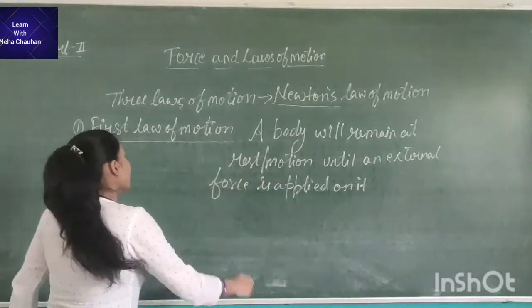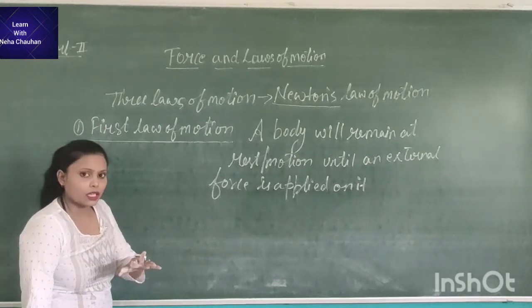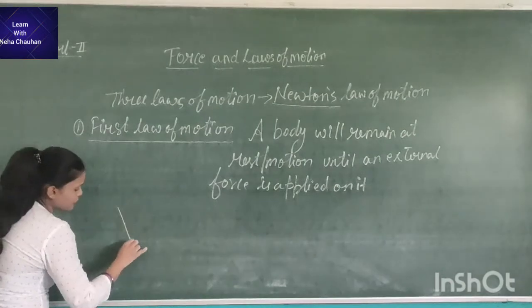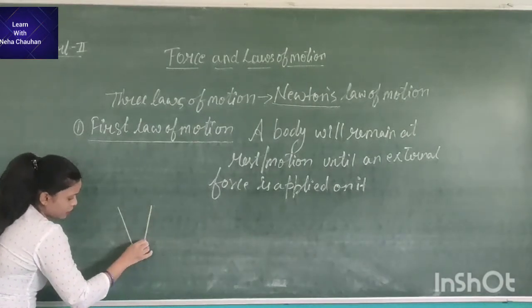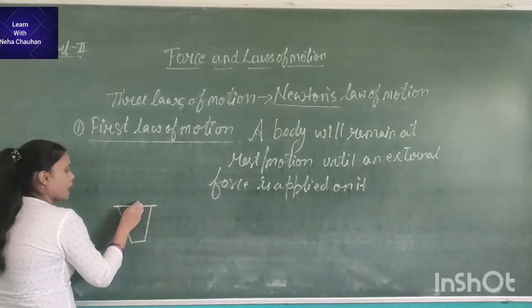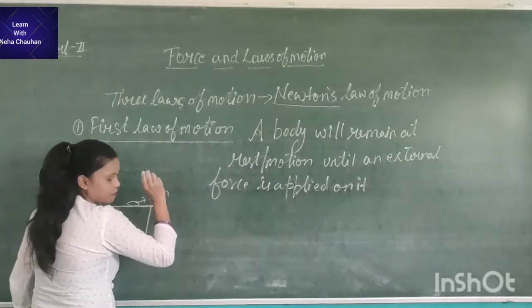Alright? Let's take an example. In your book, there is an activity, activity 9.2. We have taken an empty glass and a cardboard, and on that cardboard we have a 5 rupee coin.